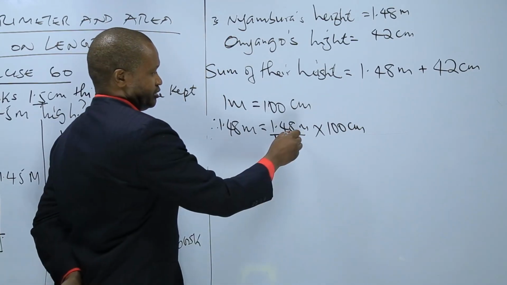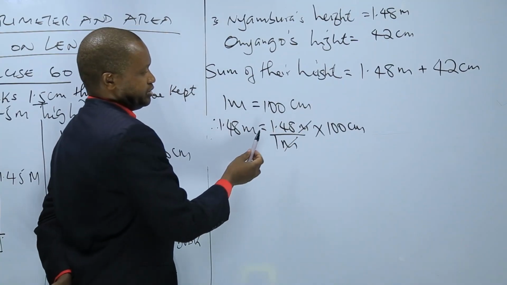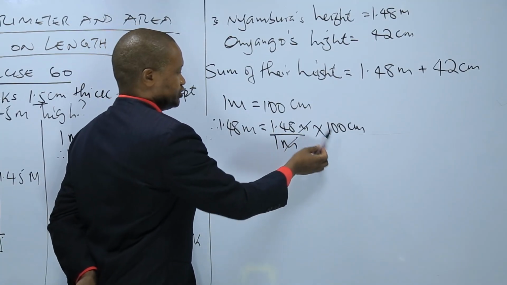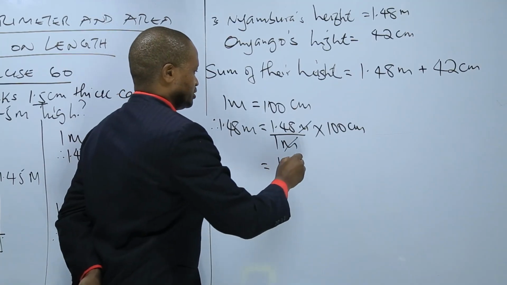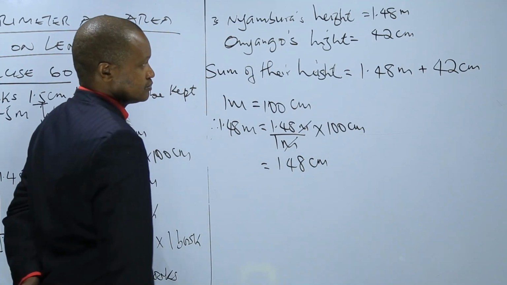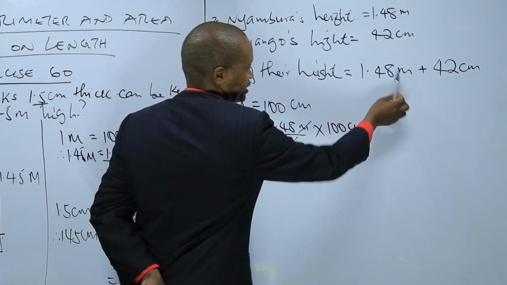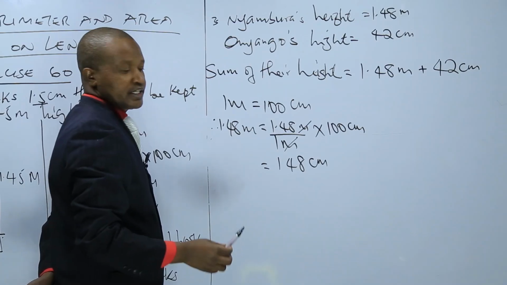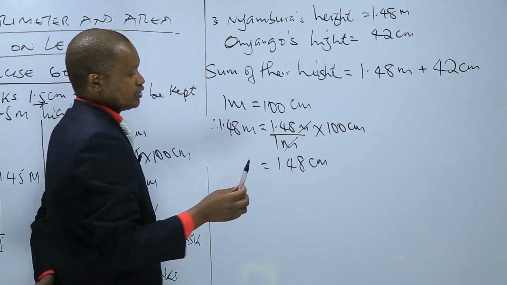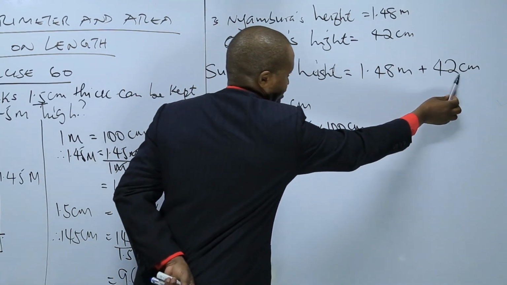So this meters cancels with these meters. We remain with 1.48 times 100, which is equal to 148 centimeters. So 1.48 meters makes 148 centimeters. Now that we have centimeters here, we can add to these centimeters.